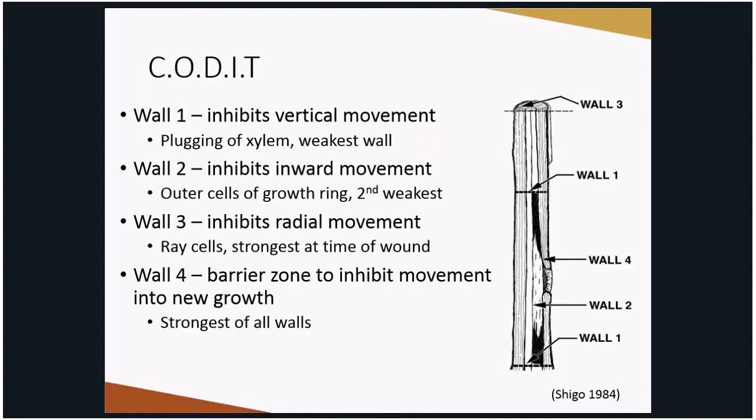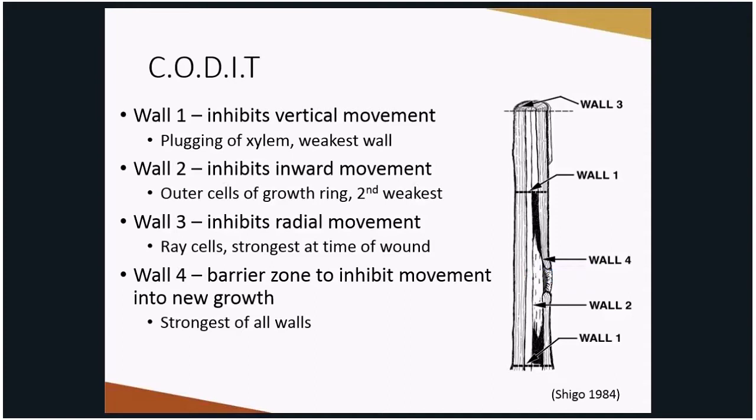Here it's outlined where wall 1 inhibits vertical movement up and down the trunk. So wall 1 would inhibit movement of rot up and down the trunk based off of where this wound was. It would stop this movement upward or downward. Whereas wall 2 inhibits some of the inward movement from the wound inward towards the trunk.